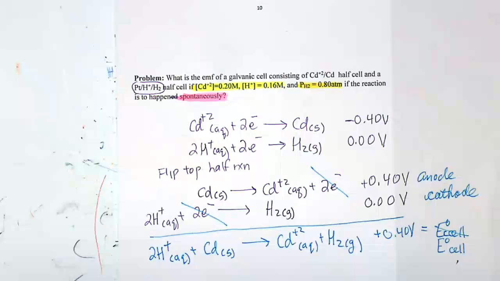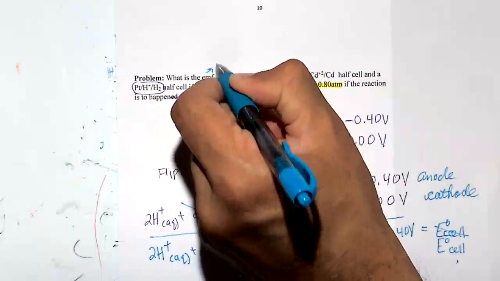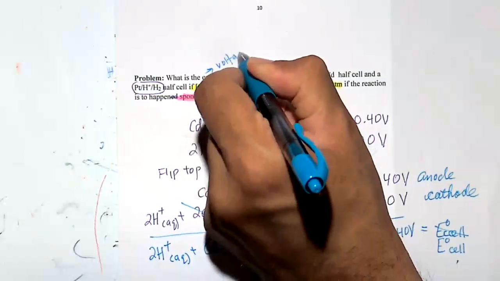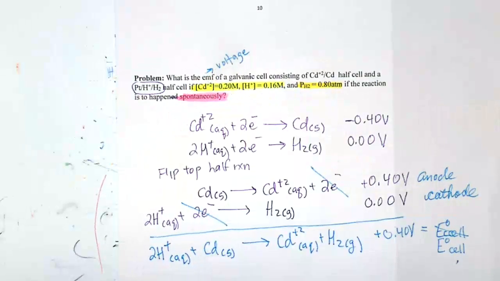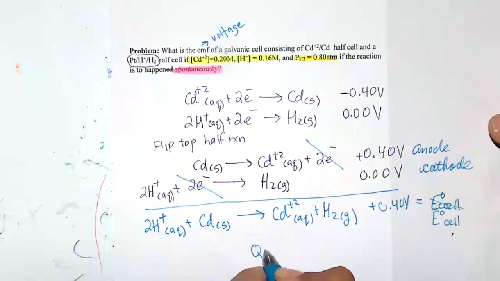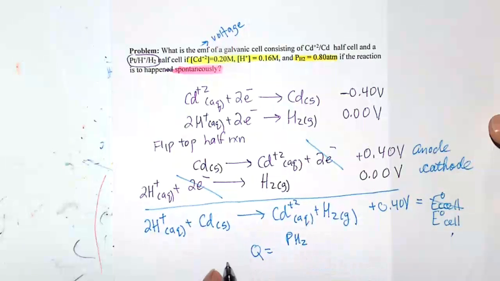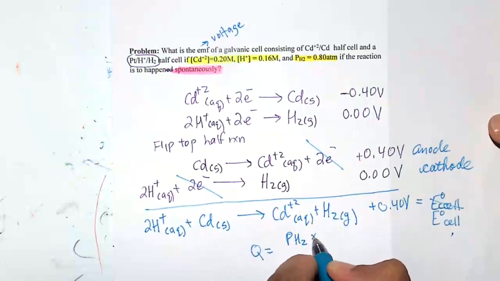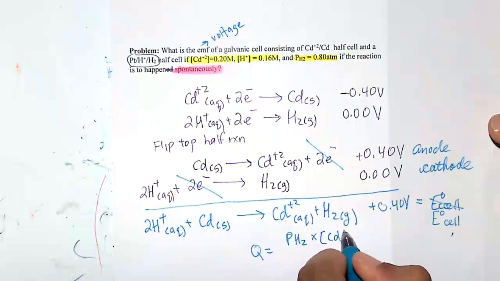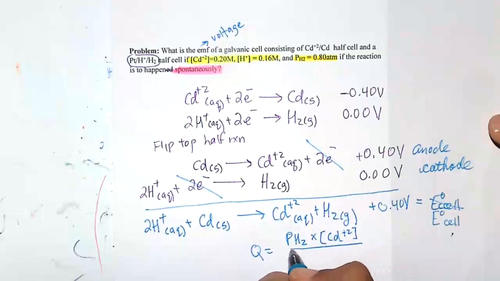Hydrogen gas. So let's calculate Q first, and then get the voltage here. EMF means voltage. Q is going to be the pressure of H2, products over reactants, times the concentration of Cd2+ divided by the concentration of H+, and we have to square it.